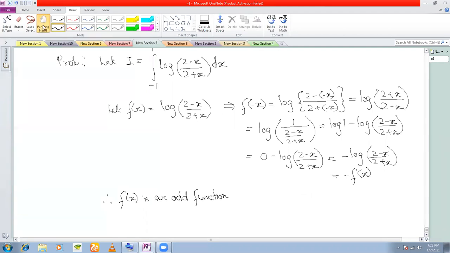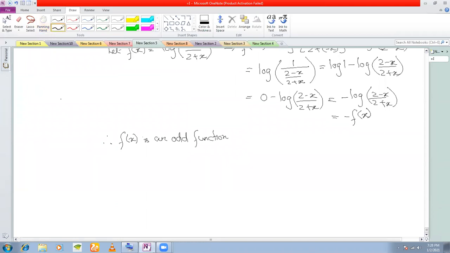In case of an odd function, the integral vanishes. Hence, you can write, hence I is equal to the integral from minus 1 to plus 1 of log (2 minus x) by (2 plus x) dx is equal to 0 simply.